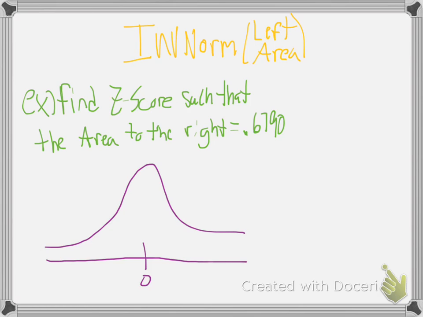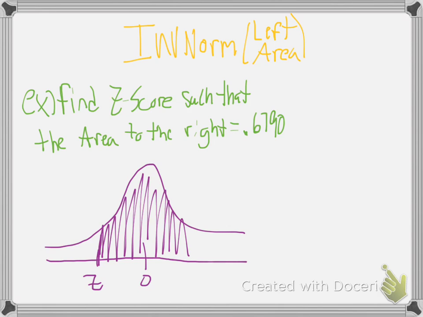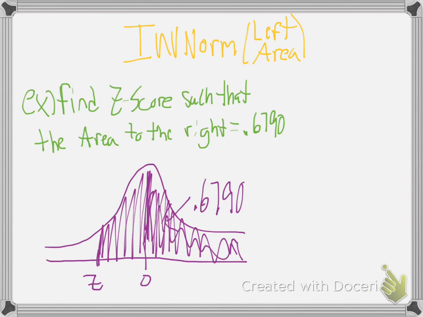Since that's over half and it's area to the right, we actually have to find a z-score on the left-hand side, because this whole area, which is 0.6790, is over half. Remember, half would be from 0 on, but we have over half, so this z-score has to be on the left.